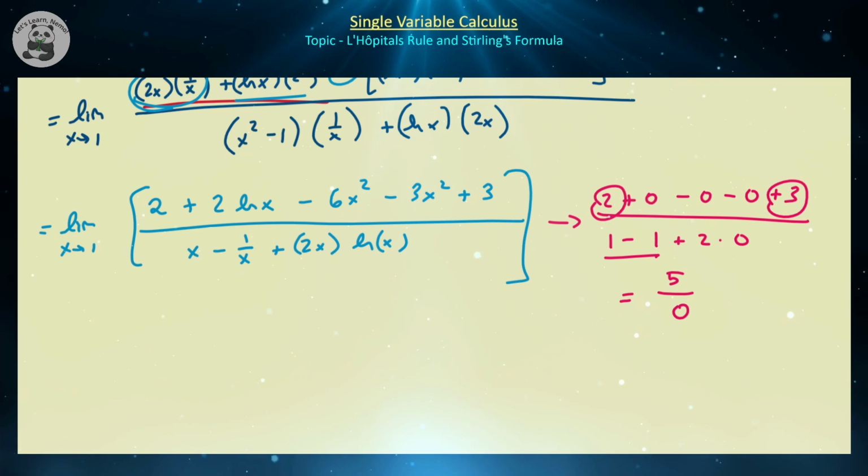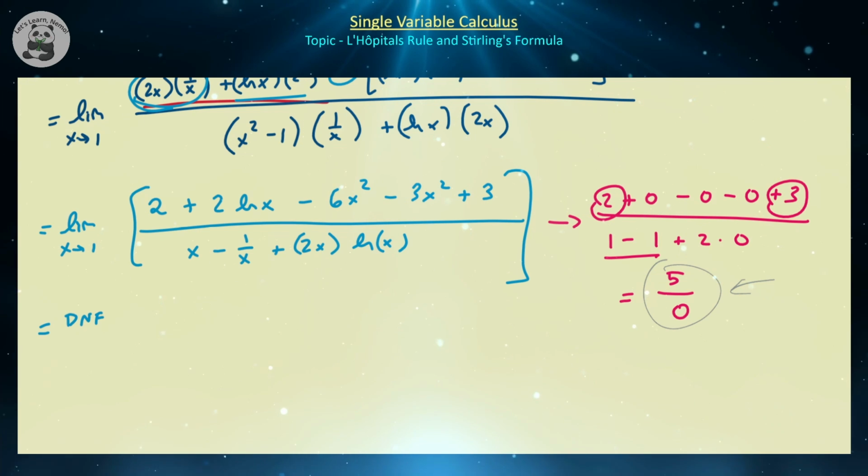Keep in mind that 5 divided by 0 is not an indeterminate form, therefore we cannot apply L'Hopital's rule here. But keep in mind 5 divided by 0 is the circumstance that often comes up when you're dealing with infinite discontinuities. So therefore this limit does not exist.